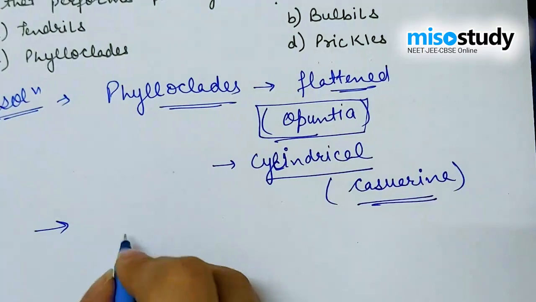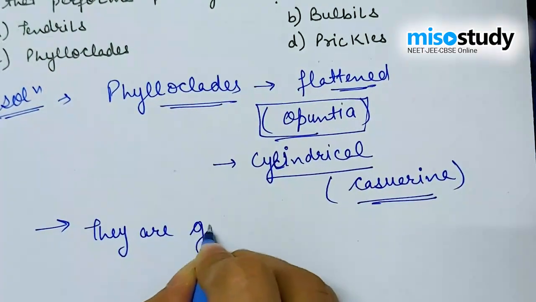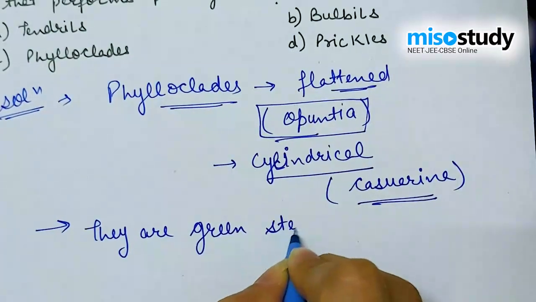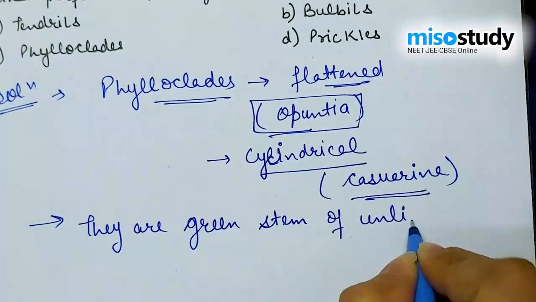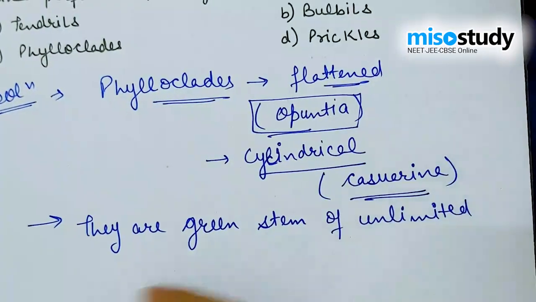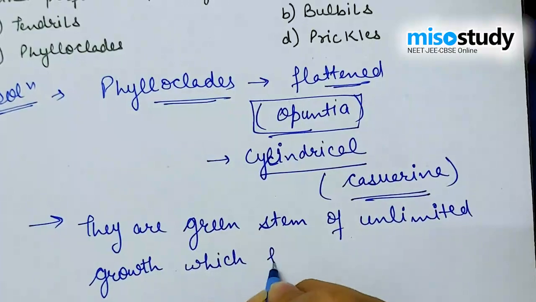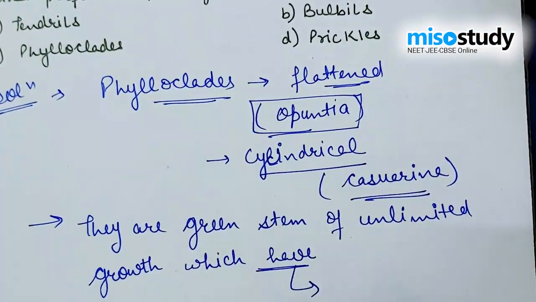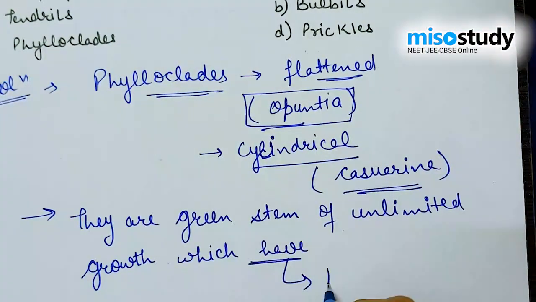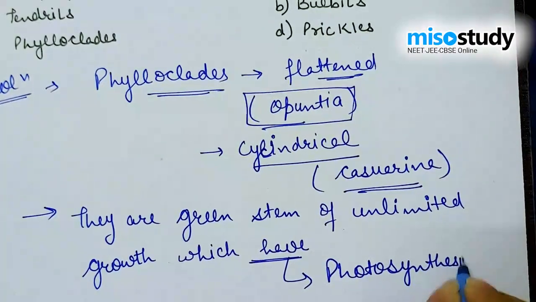Now, phylloclades are green stems of unlimited growth, which take on the function of photosynthesis.